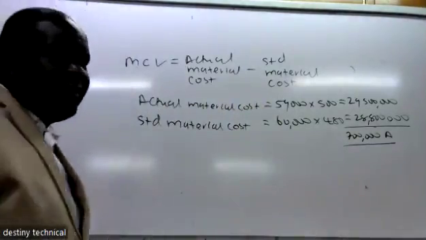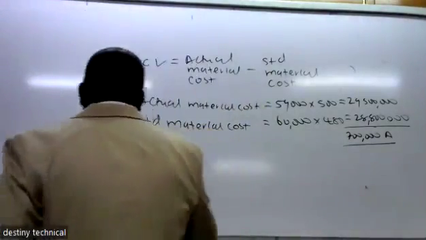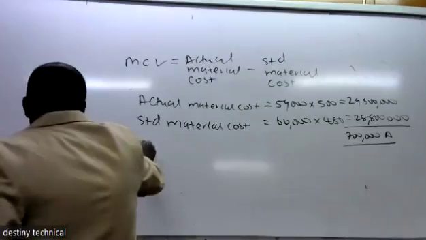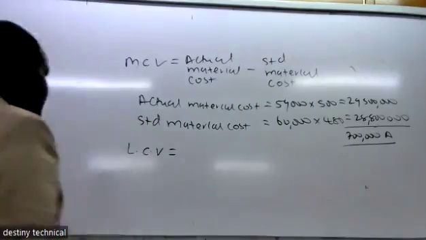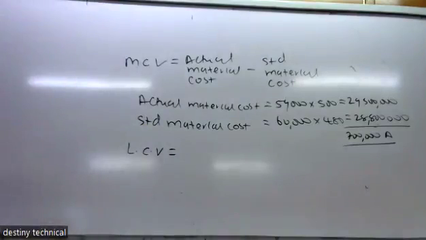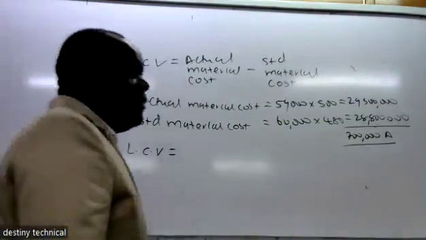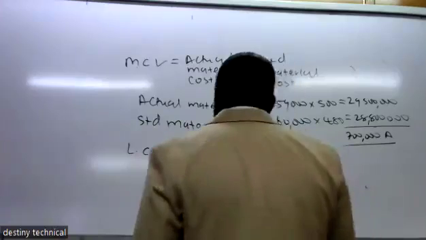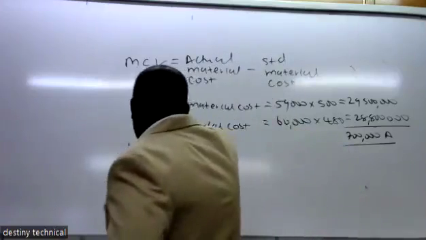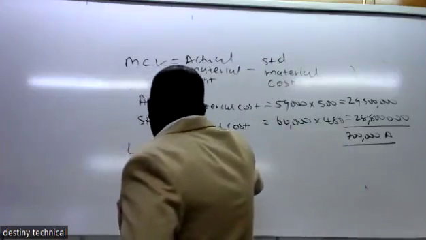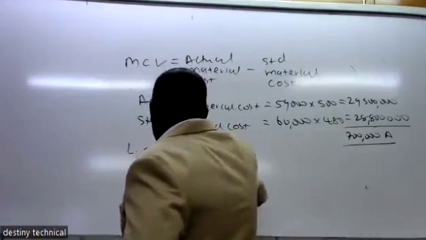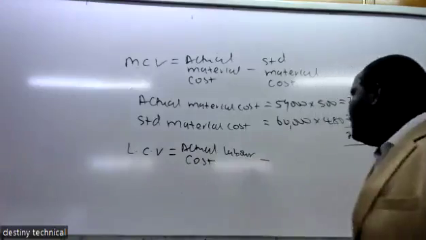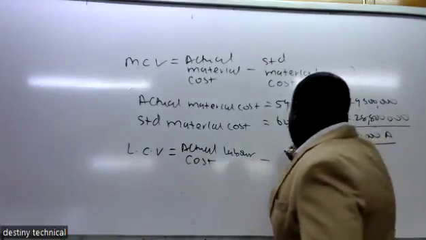You also reconcile the labor cost variance. Labor cost variance is supposed to be given by the actual labor cost minus the standard labor cost.